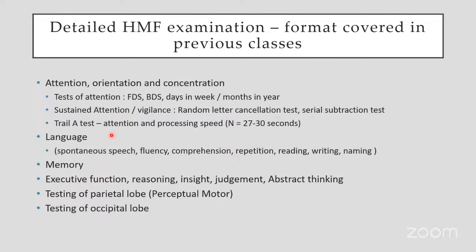And Trail A tests attention and processing speed; they should be able to complete it within 27 to 30 seconds. And in language, how is the spontaneous speech, followed by fluency and comprehension. How the language is affected in different conditions is in the next slide. Memory and executive functions are tested, as well as the parietal lobe and the occipital lobe.